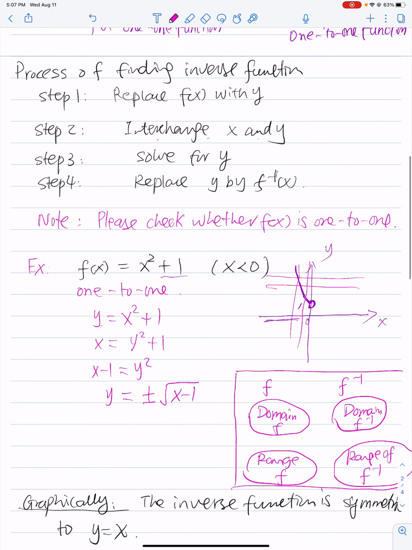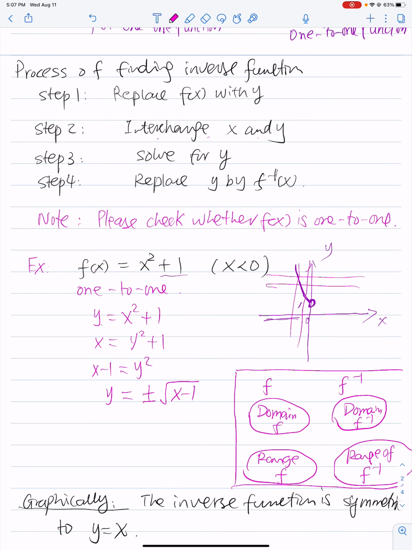What happened? For f and f inverse, you interchange x and y. So the domain of f, the x values, become the y values. So it will become the range, and the range will become the domain because you are interchanging x and y.